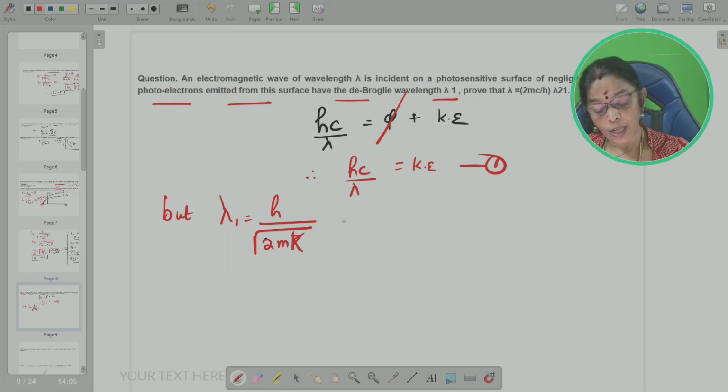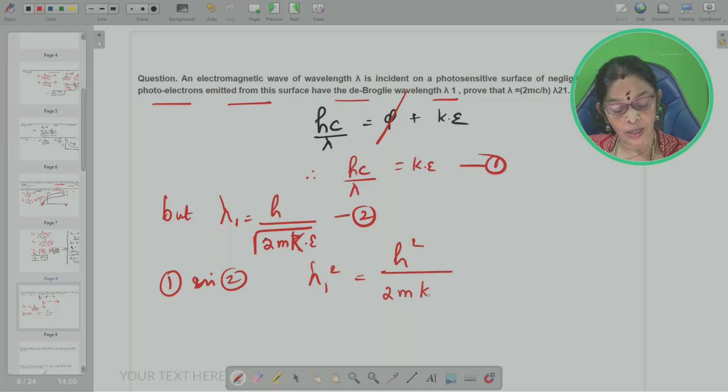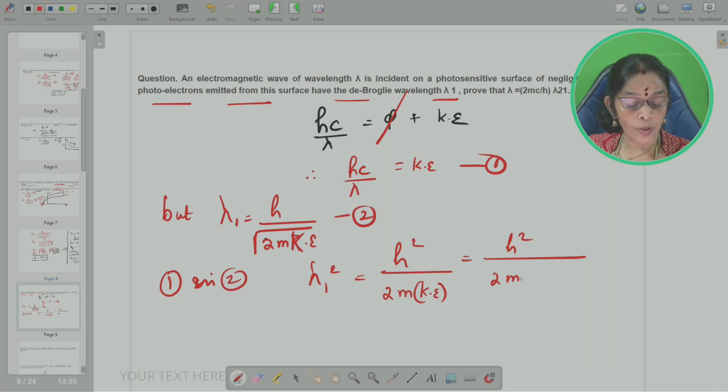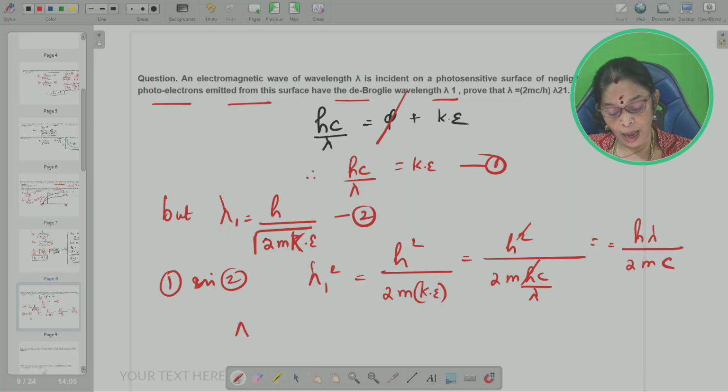So, therefore, substituting equation 1 by squaring: lambda 1 square is equal to h square divided by 2m into kinetic energy, or h square divided by 2m into hc by lambda. One h gets cancelled.